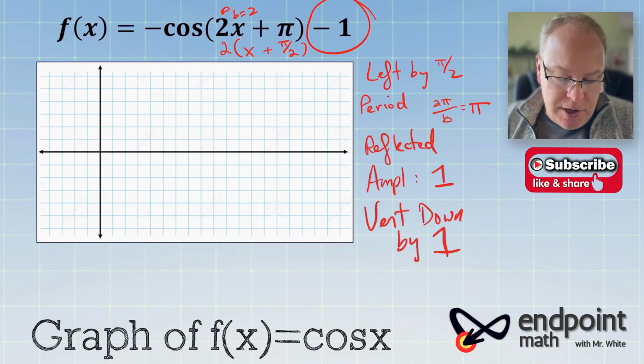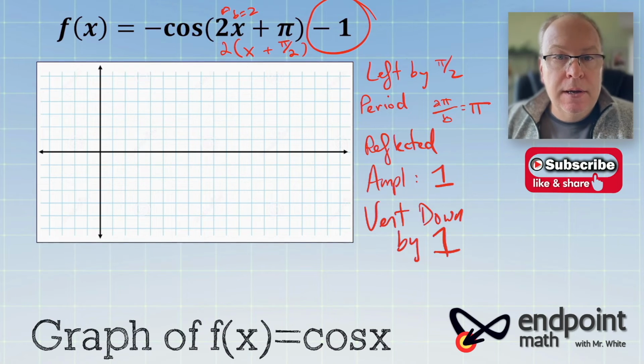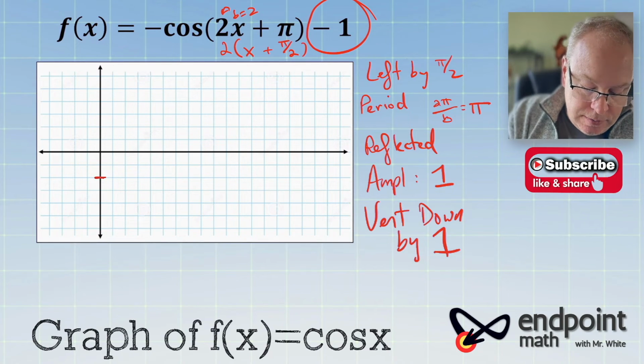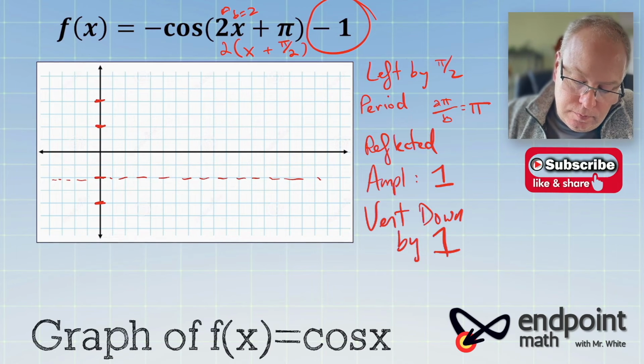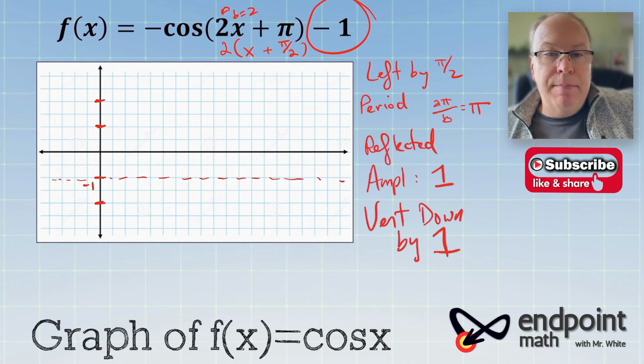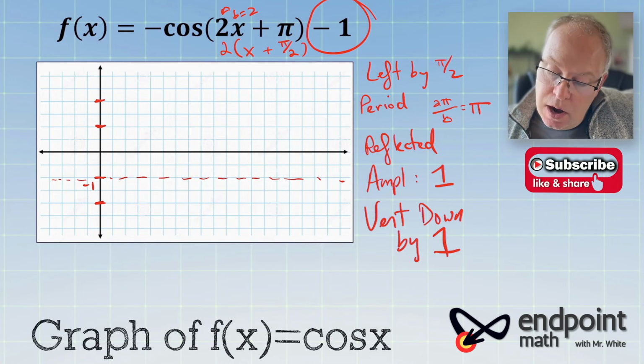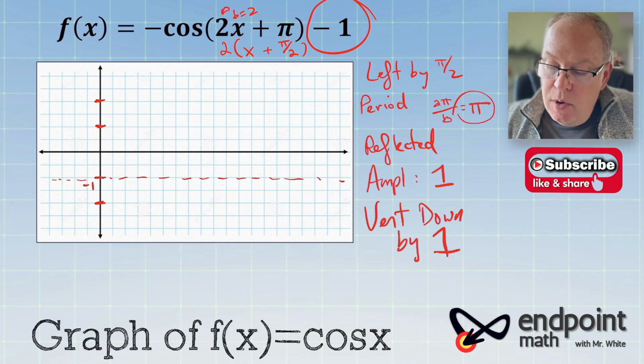So that's the first thing I want to do. I like to kind of stretch this out for you so you can see it better. So here's -1. This is -1. That's my midline. All right. And our period is pretty quick.